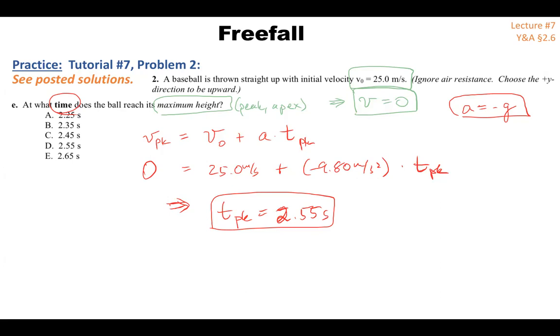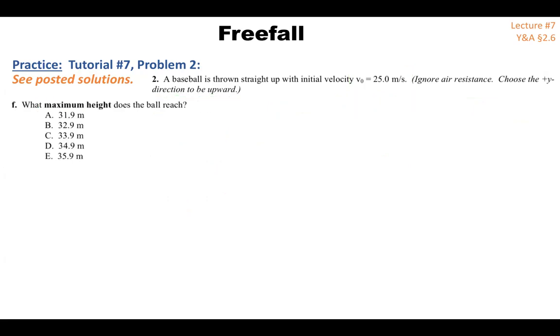Now the next part, F, asks what is the maximum height that the ball reaches? Notice that that is at the peak. So one of the things we could use is the answer to the previous problem. We know that at the peak, time is equal to 2.55 seconds, so that is something we can treat as an additional known. We know the initial velocity.